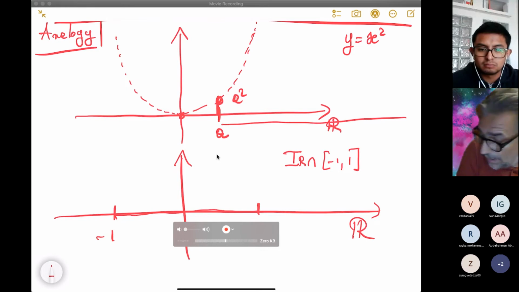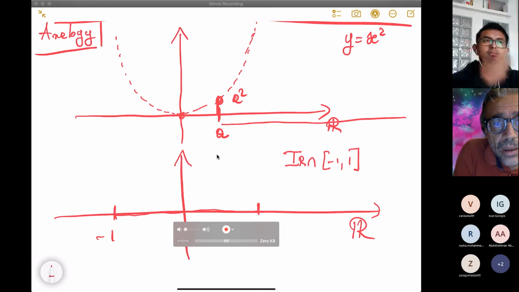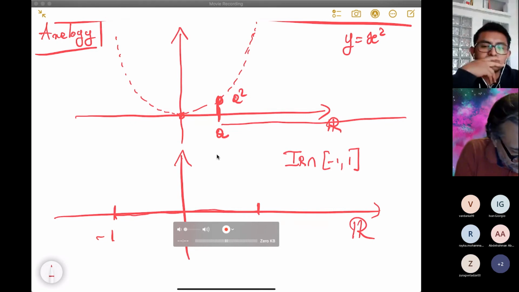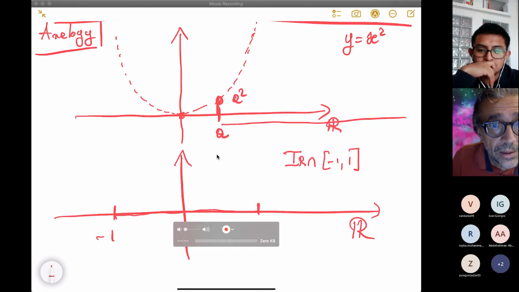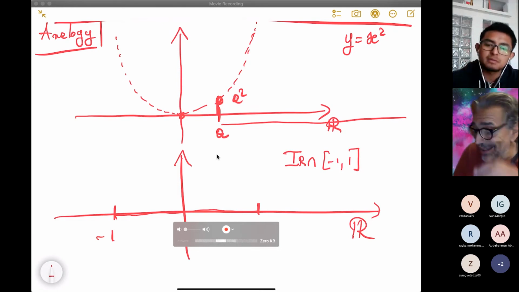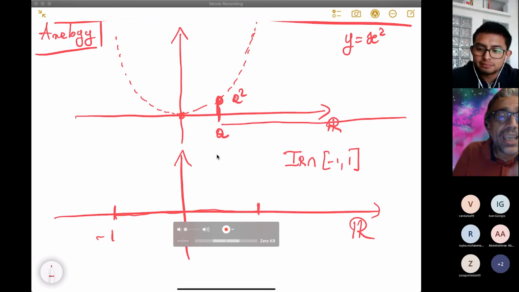Then where is the minimum of x squared in this subset? There is no minimum, because 0 is not irrational. You have an infimum of the function x squared, but you don't have a minimum. You don't have any irrational number whose image under x squared gives you the minimum.